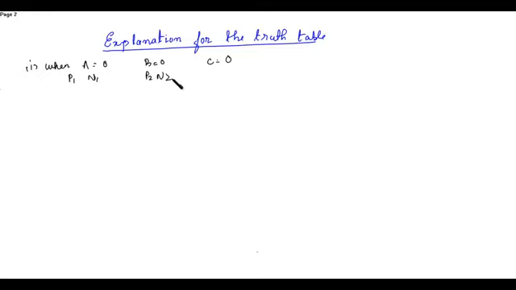A has P1 and N1, B has P2 and N2, C has P3 and N3. That means A is given as input from the gate terminal of P1 and N1, similarly B and C. So we know that when input is equal to 0, then PMOS is on and NMOS is off.